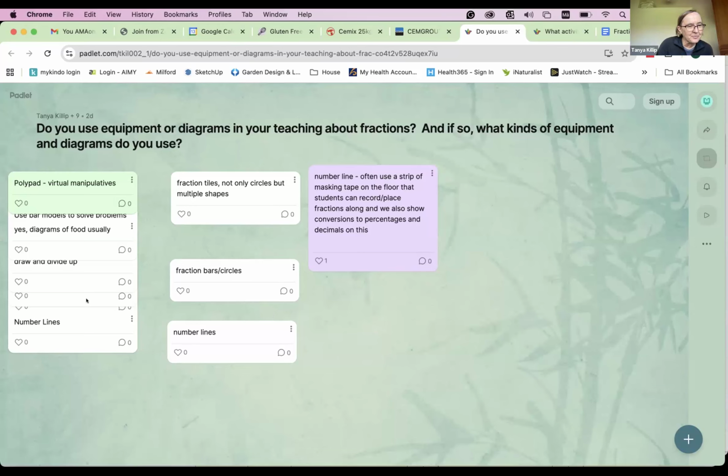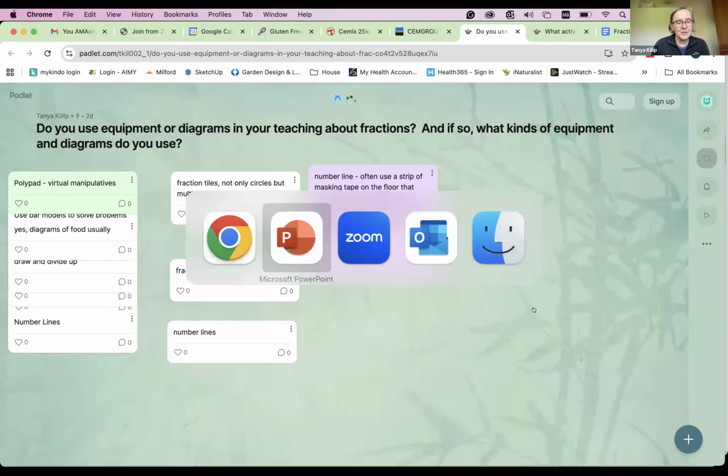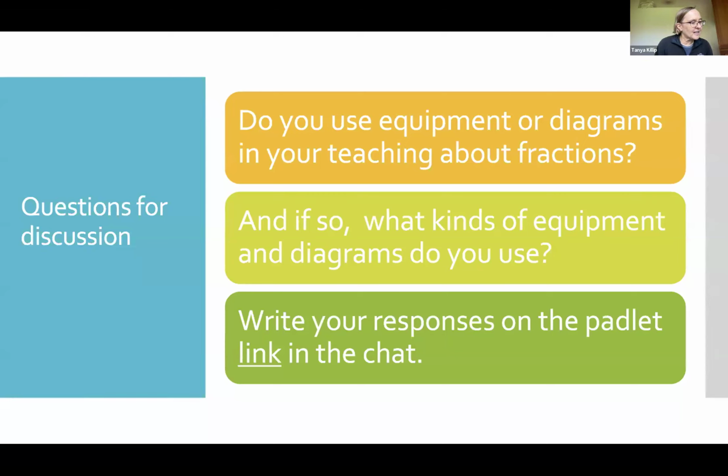And I like, yes, you'll see the drawing and dividing up number lines is a really great activity, and there's a number of those in the activities we'll look at near the end later as well. And it will become more apparent why as we head into the next section of the presentation.